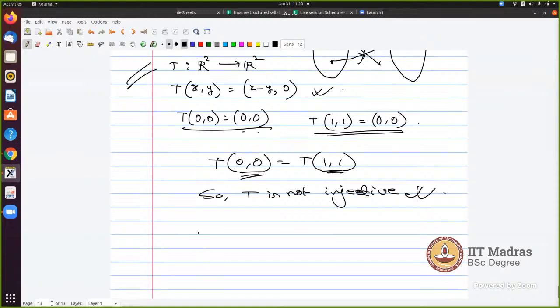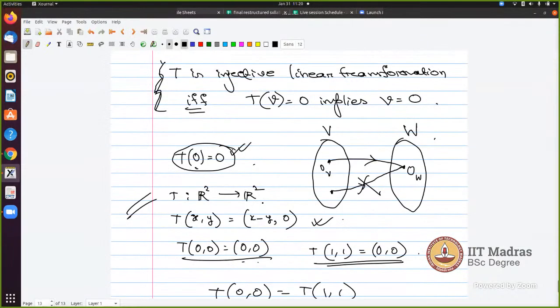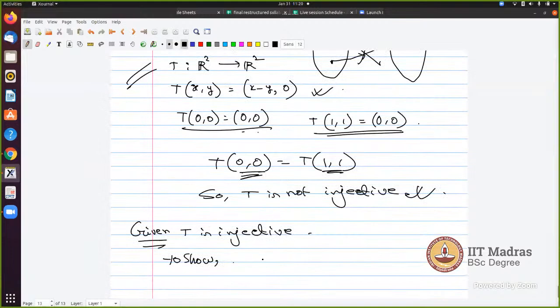So first of all, T is injective. This is given. I will show that T(V) equal to 0 implies V must be 0. Correct?